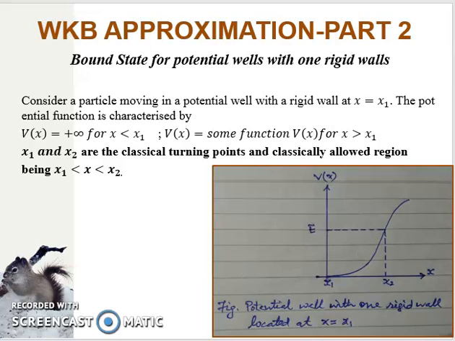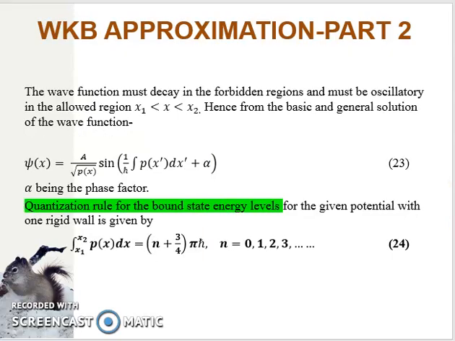x1, x2 are the classical turning points, and classically allowed regions are in the intermediate region between point x1 and x2. So again, the wave function must decay in the forbidden region, and it must be oscillatory in the allowed region. So psi x equals A by root over px, sine of 1 by h times this integral plus alpha.